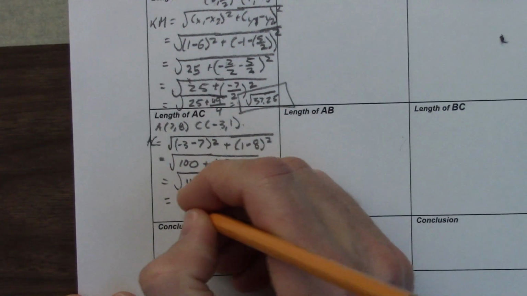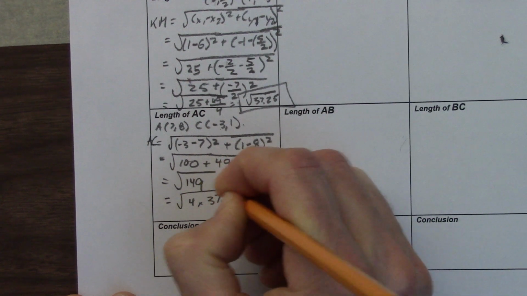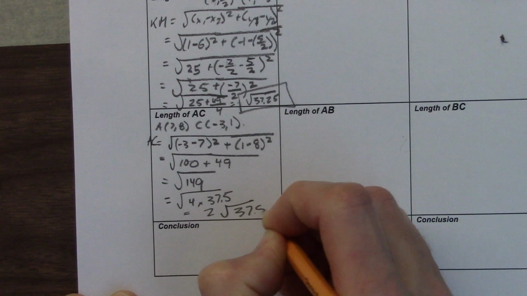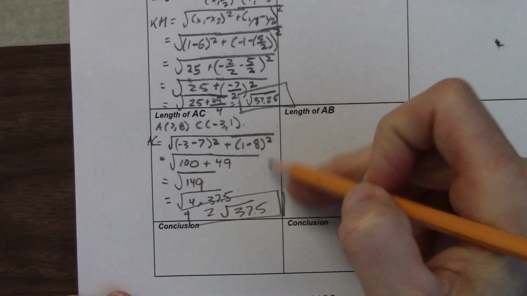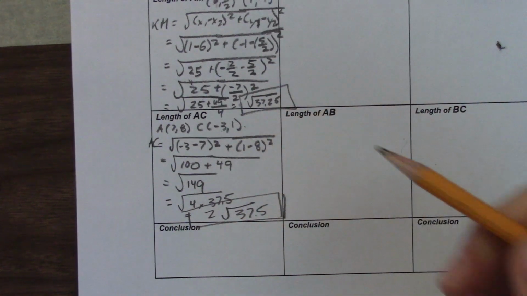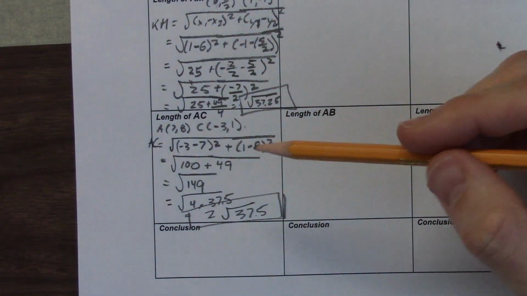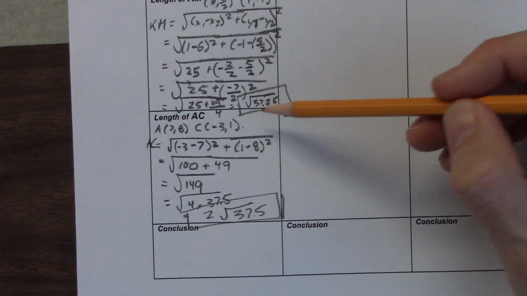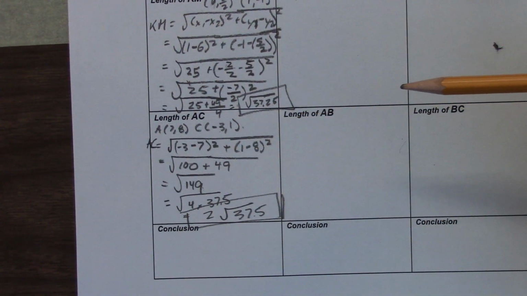Which is equal to... I think I can do this. If I don't have a calculator, 4 times 37.25. So we get 2 times root 37.25. Somebody just check if that's correct, because it should be double. Is that right, guys? Root 149 is equal to twice root 37.25, yes?